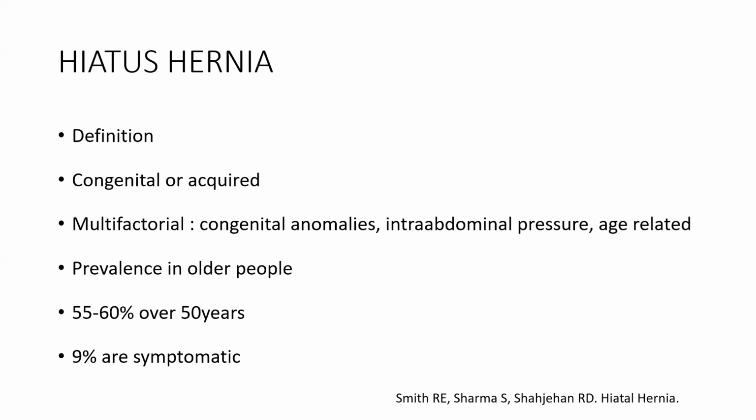Small hiatal hernias are often asymptomatic and typically managed medically, and large hiatal hernias usually require surgery. This may be congenital or acquired. The development of hiatal hernia is multifactorial, with contributing factors including congenital anomaly, anatomical defects, and increased intra-abdominal pressure seen in obesity, pregnancy, and chronic coughing, and age-related changes in the diaphragm's muscle tone.